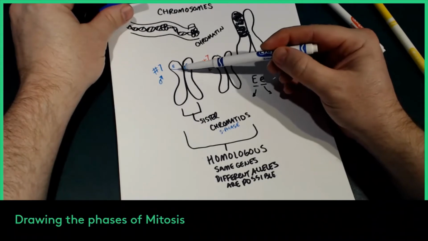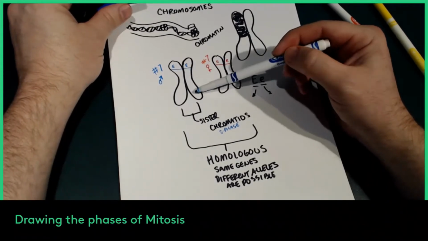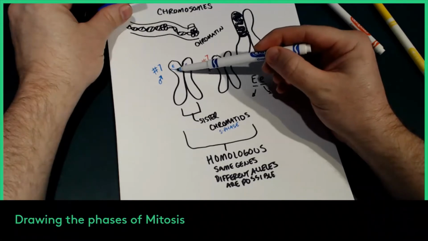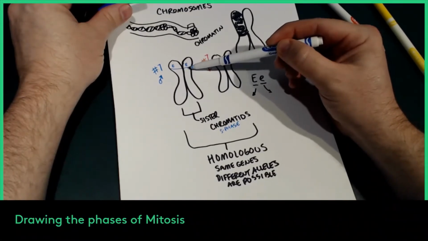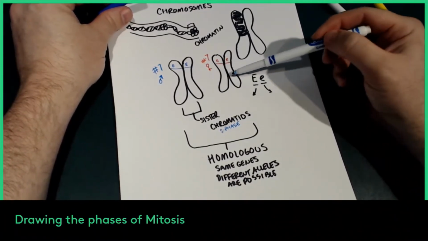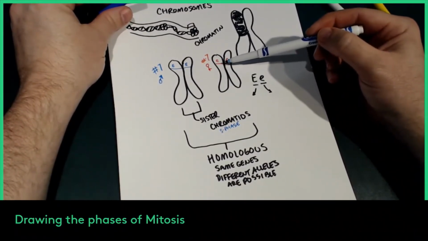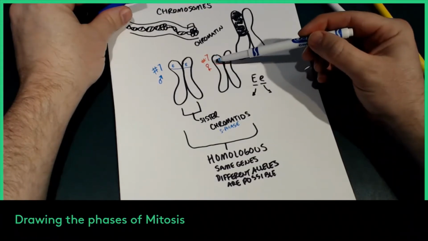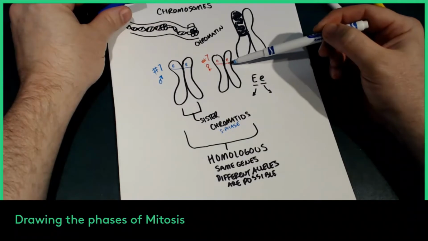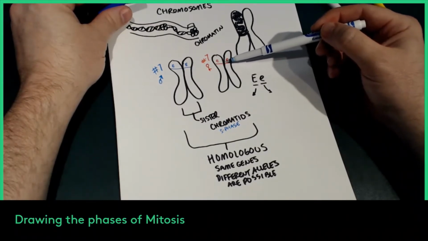So basically, this and this have to be genetically identical. Whatever the sequence of A, T, C's, and G's is on this chromatid, has to be the same as this one. Now over here, they're probably very similar, but you could have different alleles. So in this case, I have the attached earlobe allele for the earlobe attachment gene from my mom.